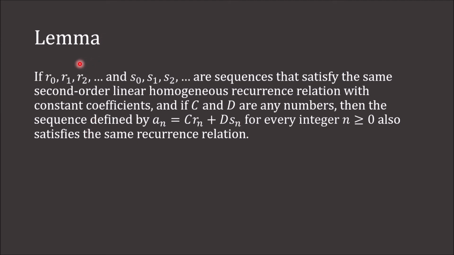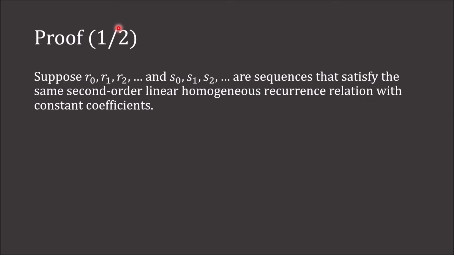So given two sequences that satisfy the recurrence relation, a linear combination would also satisfy it. So we prove this. We suppose that we have two sequences, R and S, that satisfy the same recurrence relation.